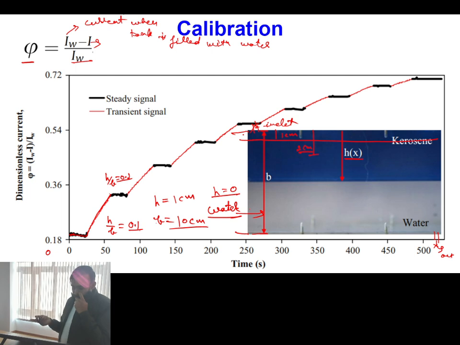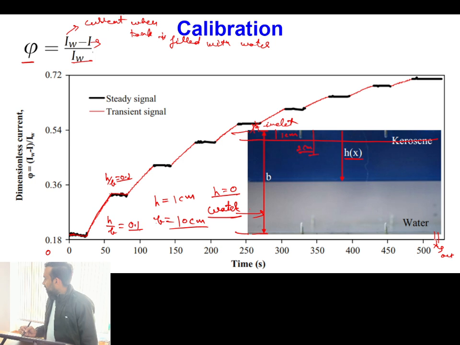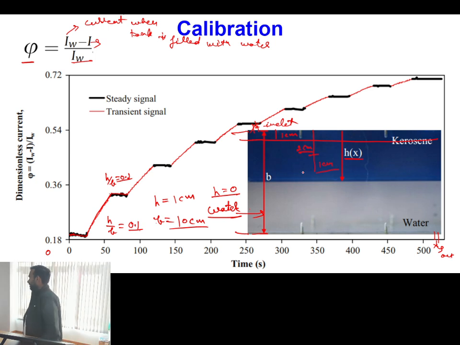Once you stopped both the valves, you again get almost a constant signal. Then again you switched on both the valves till you got to the next 1 centimeter more kerosene filling in the tank.